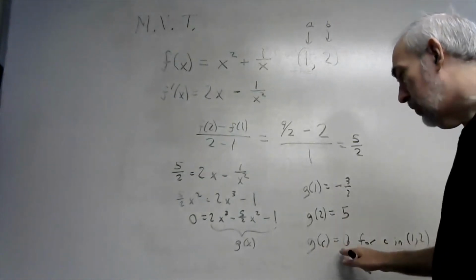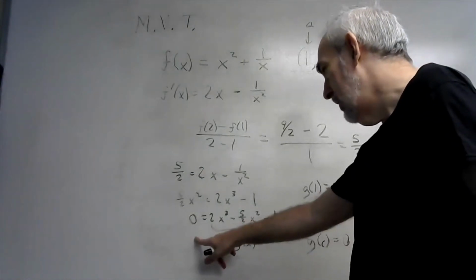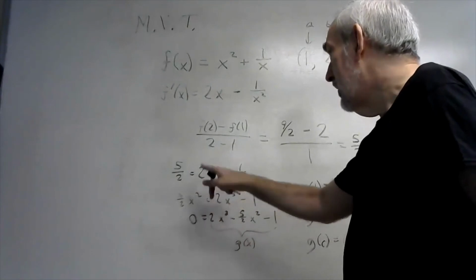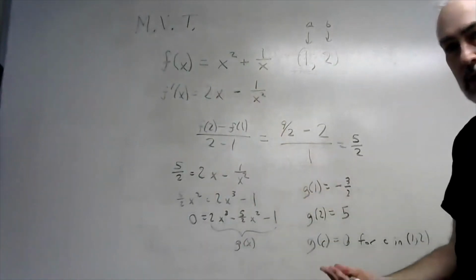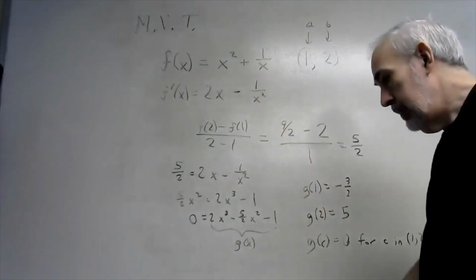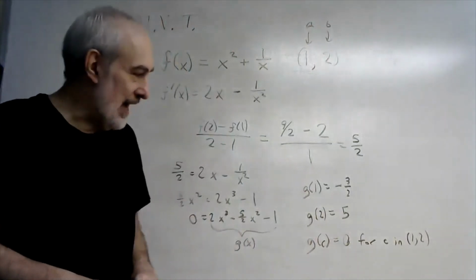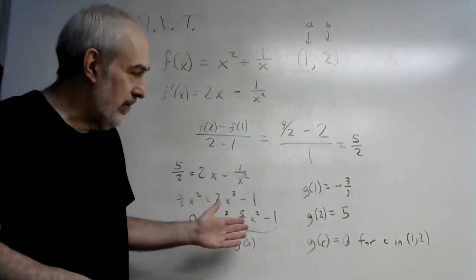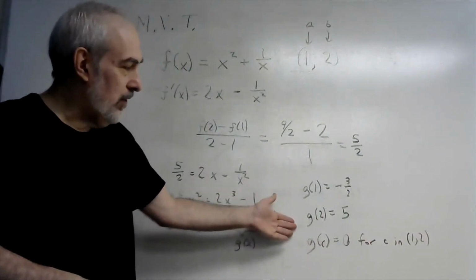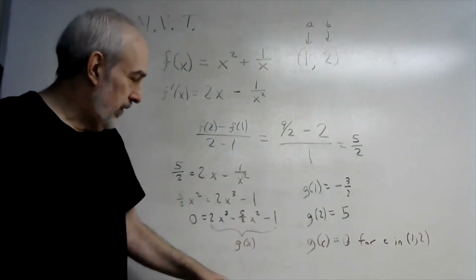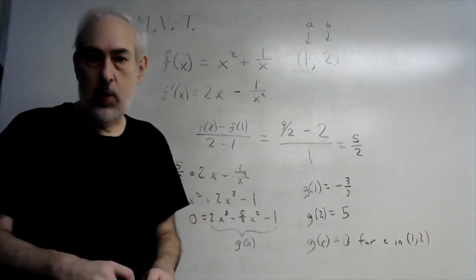And g of c equaling 0 means that this function equals 0, which really means that the derivative equaled 5/2 for some number between 1 and 2. So you have to forgive me for making a function where we couldn't actually find the exact value, but I think this shows that there is going to be a value between 1 and 2 such that this equation equals 0, and therefore the derivative equals 5/2 somewhere.